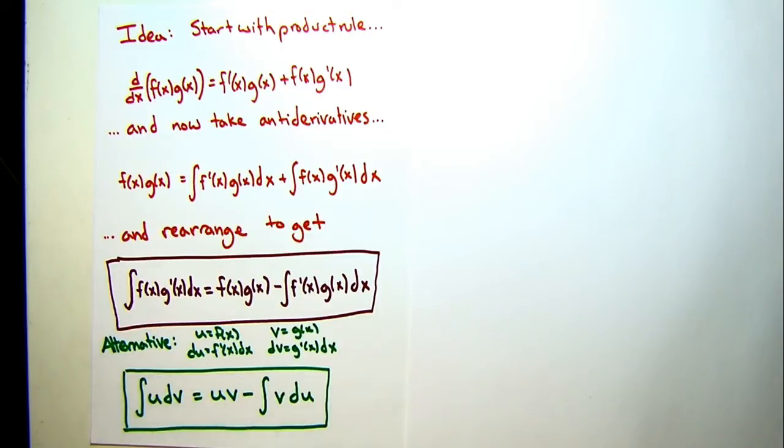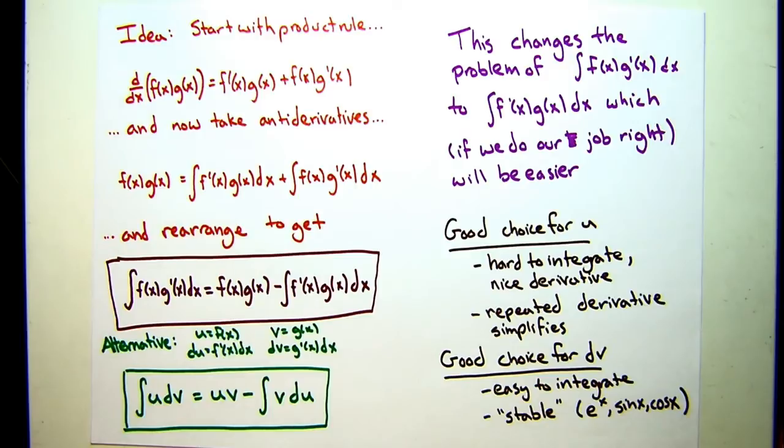Then I get the integral of u dv is uv minus the integral of v du. Okay, well, what's the point? Well, the point here is that we're changing. So instead of having an integral of f times g prime, we have the integral of f prime times g, which, if we do our job right, is easier.